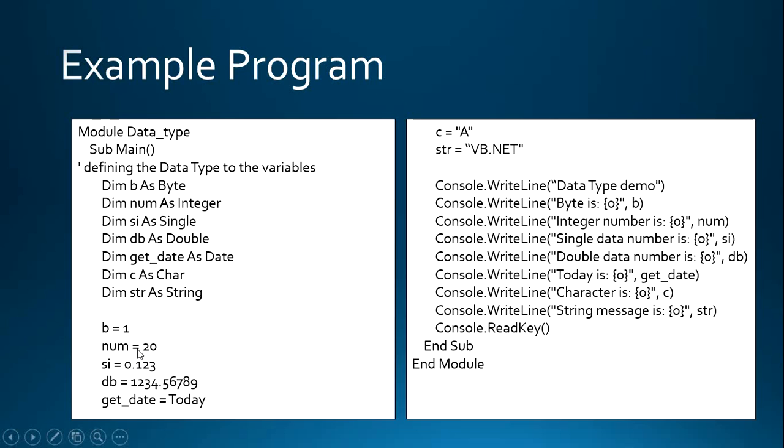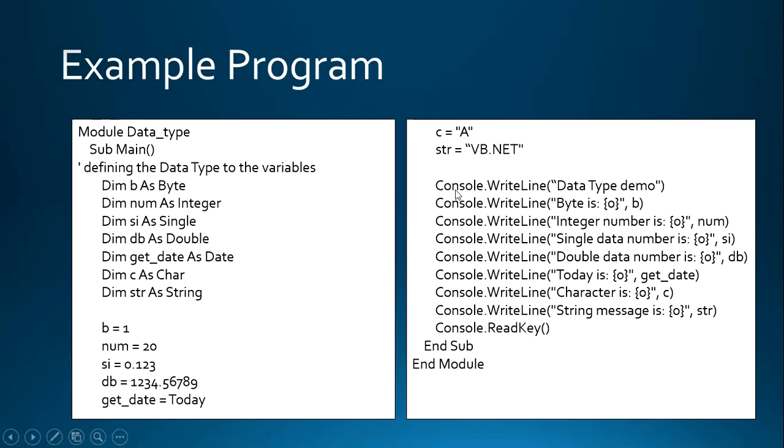So num equal to 20 means whenever the variable num is called, the value 20 will be used. Same way we have also stored the values for the other variables, that is si, db, get_date, c and str.